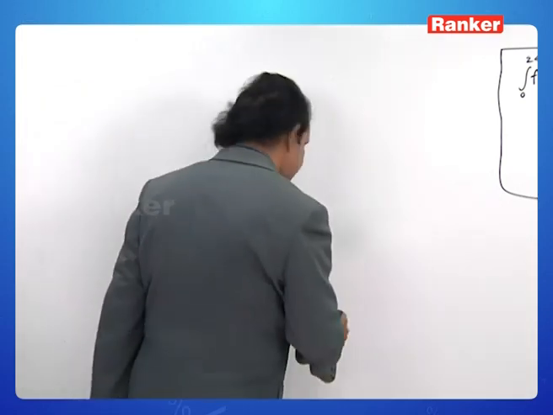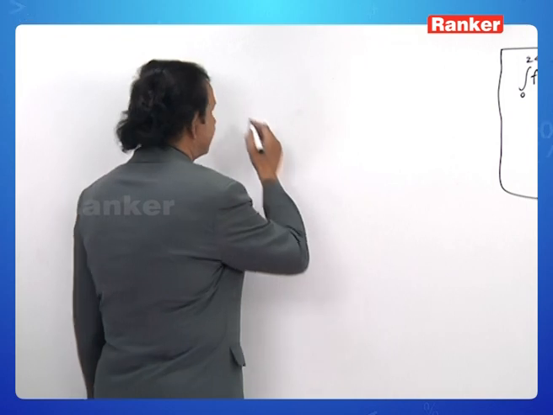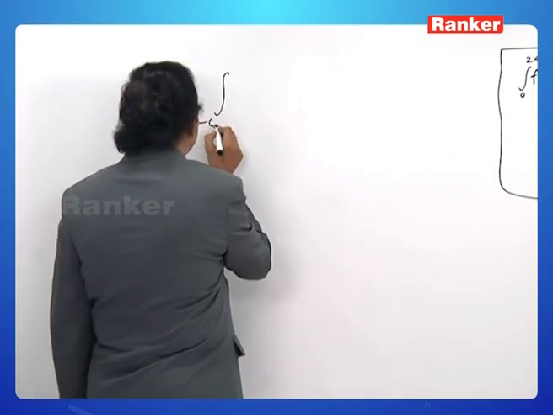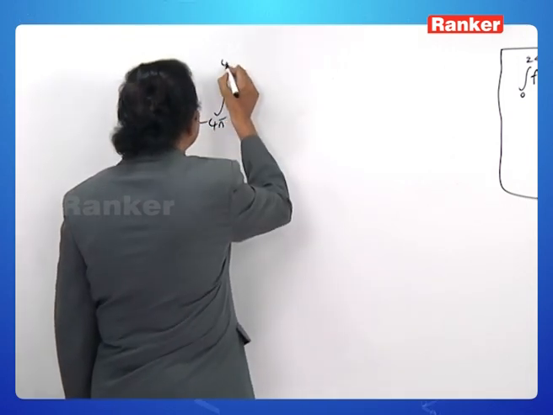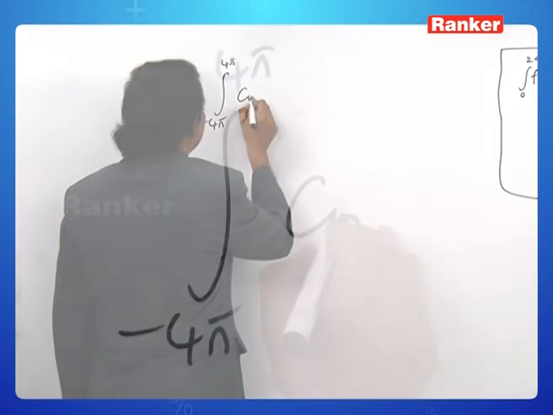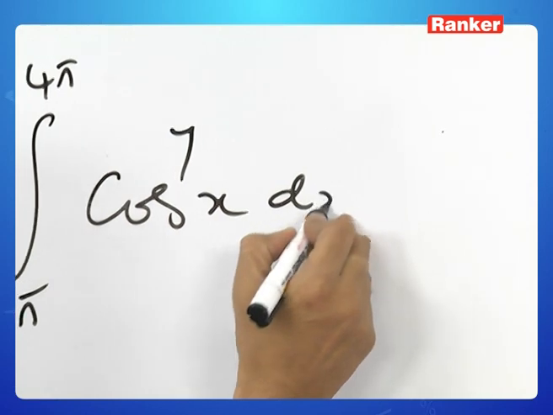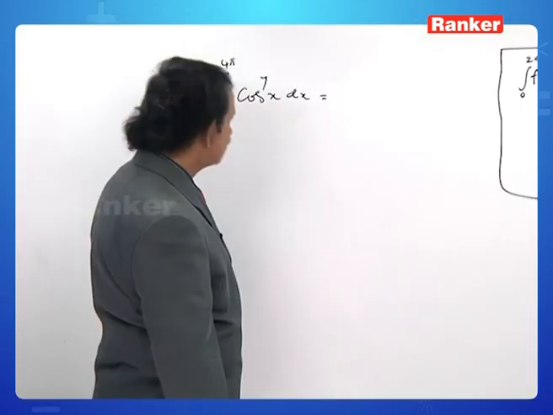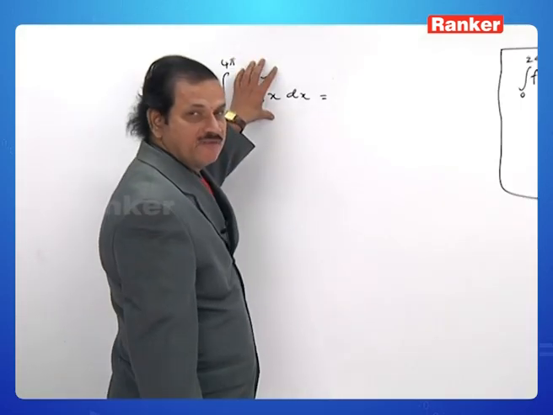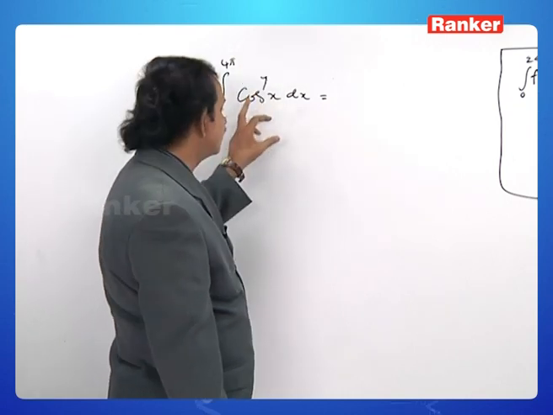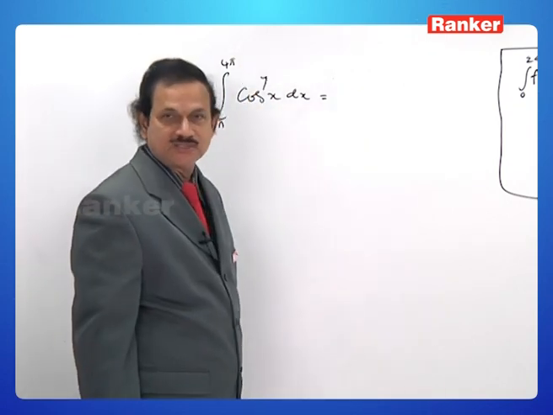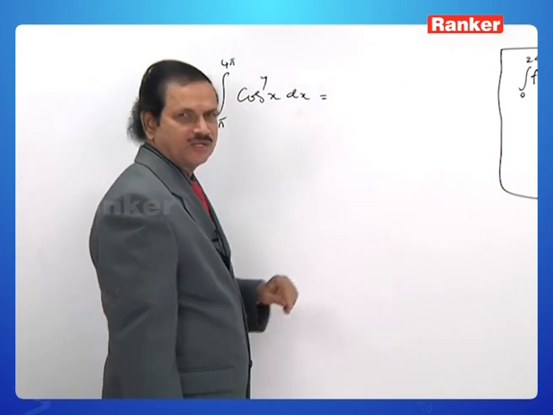Another formula, another problem, another application of that one is integral minus 4 pi to 4 pi cos power 7x dx. First of all, is this function an even function or odd function? Cos of minus x is nothing but cos x, isn't it? So it is an even function.